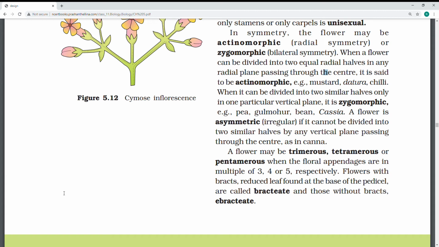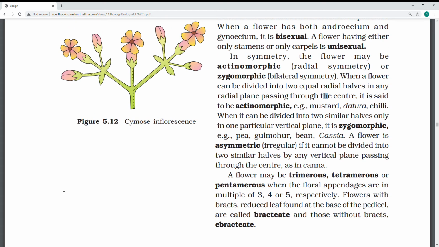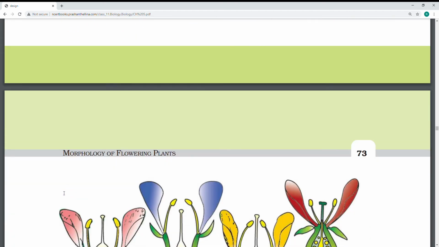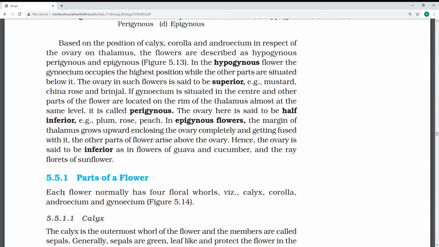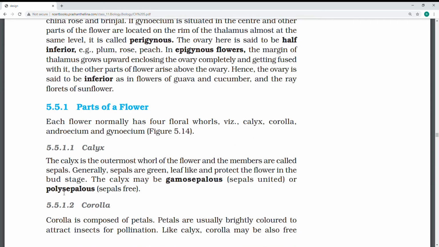Petals are brightly colored, which attracts insects. Sepals are only for protection, protecting all the inner organs. There is also a common name and a scientific name for these.